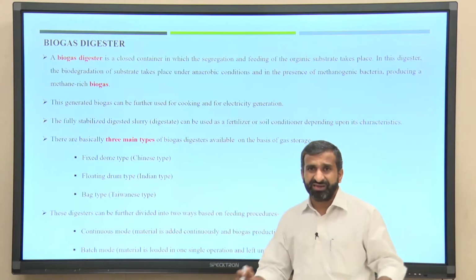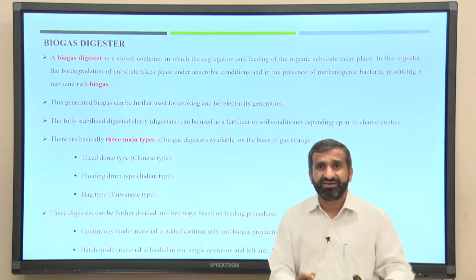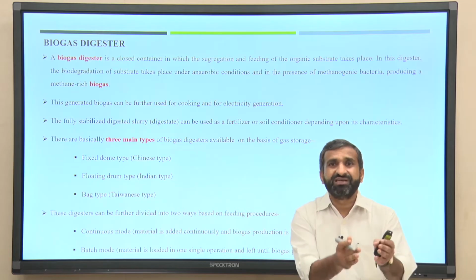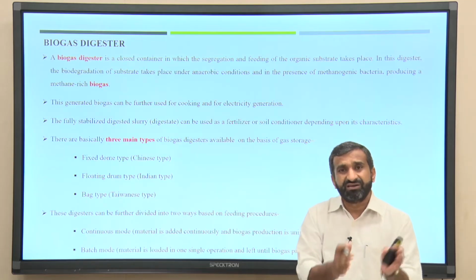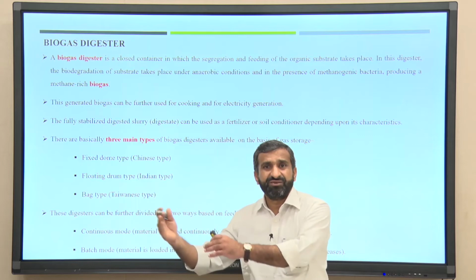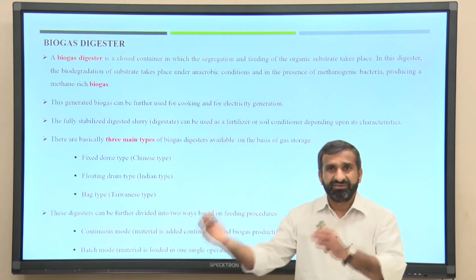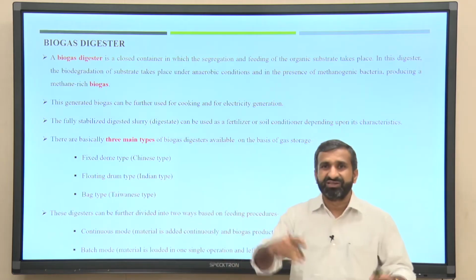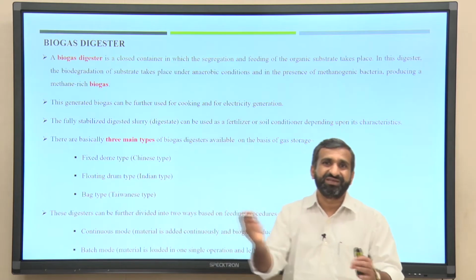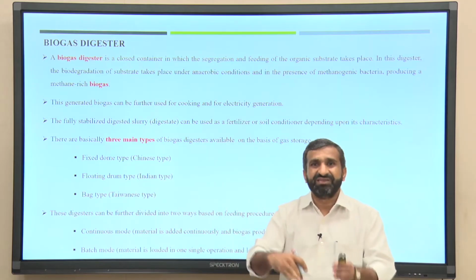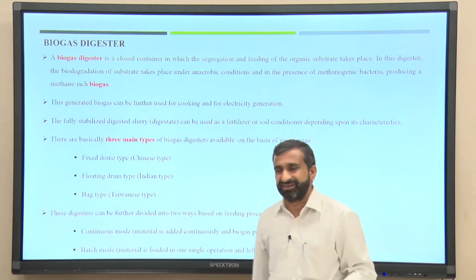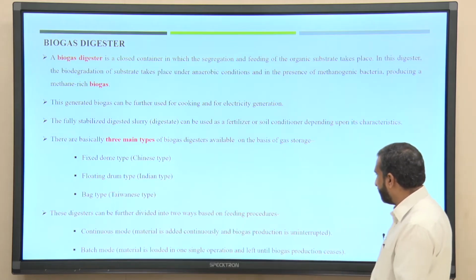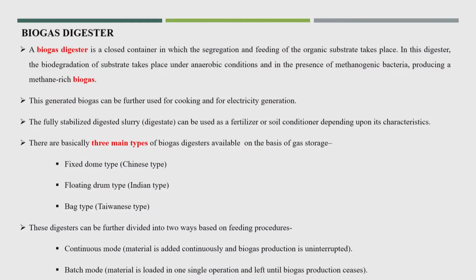It is also possible, as in our country, that waste is collected once a day in the morning, and every day we feed the reactor. You can call this a continuous reactor or a fed-batch reactor, meaning every day we are feeding the reactor. The other is the batch mode: the material is loaded once in a single operation and left until biogas production ceases.